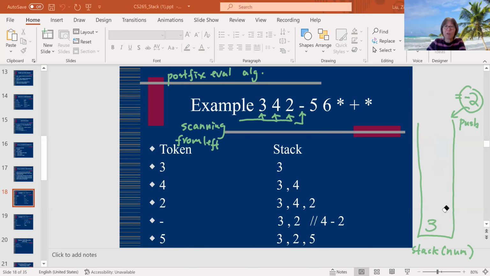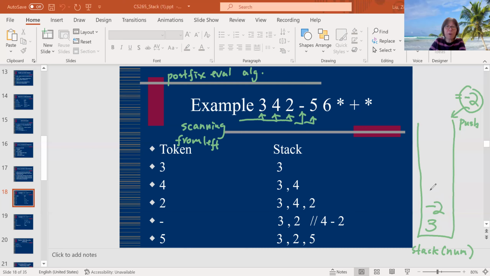Let me also get this cleared. Okay, so I need to push this -2 back. That's it. So you calculate the result, you push it back, and then you continue scan.